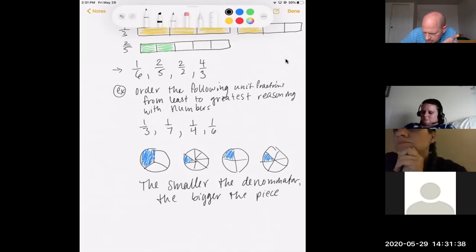Compared to other ones, if your whole is divided into lots of pieces, each one is really small. So it works a little bit in reverse of what you might think from regular numbers. You can say the smaller the denominator, the bigger the piece, or the bigger the denominator, the smaller the piece.